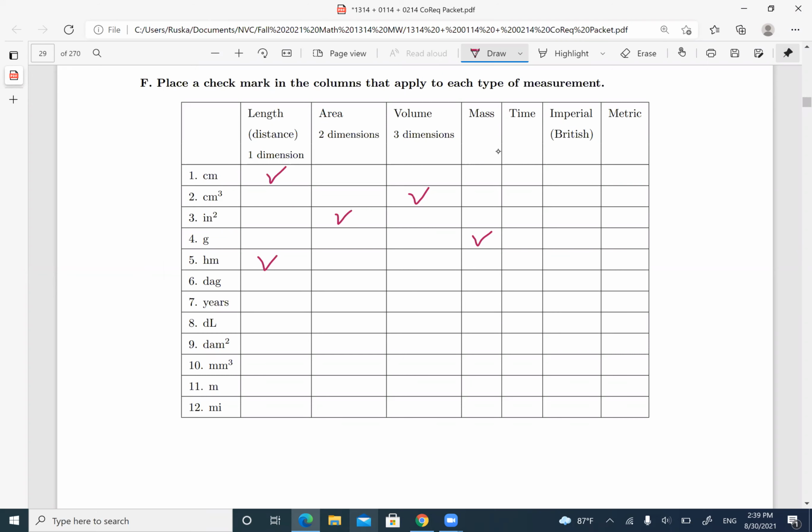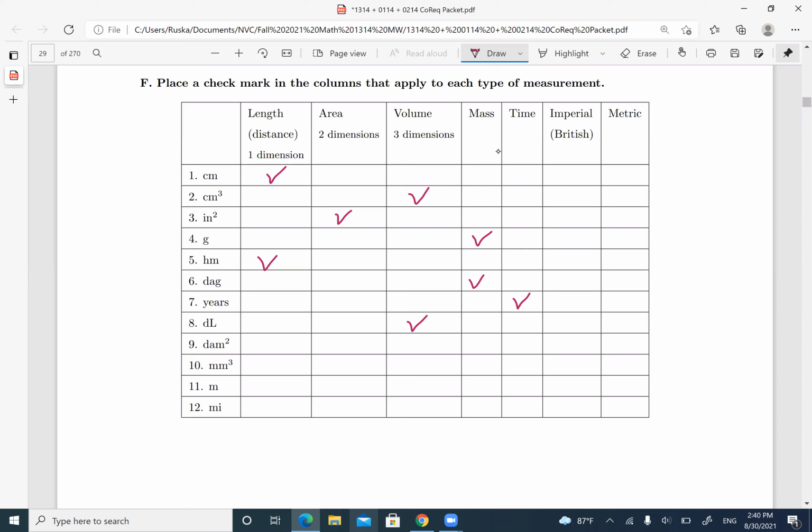Decagram is the next one. What are you measuring with that? Mass. Mass, good job. Now, years, what is years? Obviously, it's time, right? Okay, I'll go over imperial and metric in a minute. Then this is deciliter. What is it? Volume. It's a volume, good job.